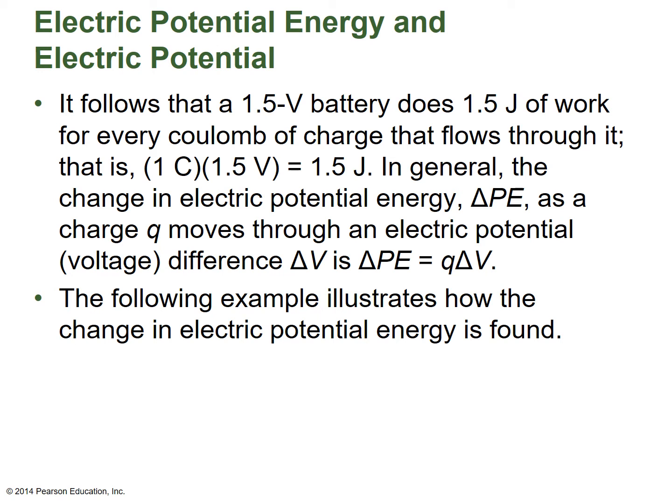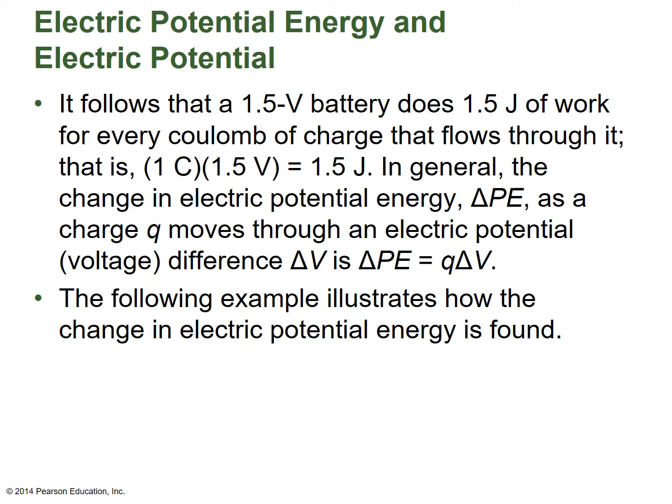If we have 1 coulomb moving across 1.5 volt, then the battery will do a work of 1.5 joule. In general, the change in electric potential energy as a charge moves through an electric potential or voltage difference, delta V, is given as delta PE equals Q times delta V.